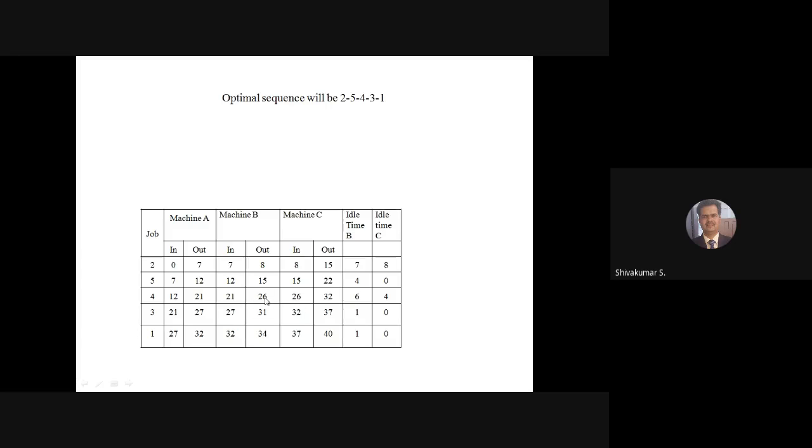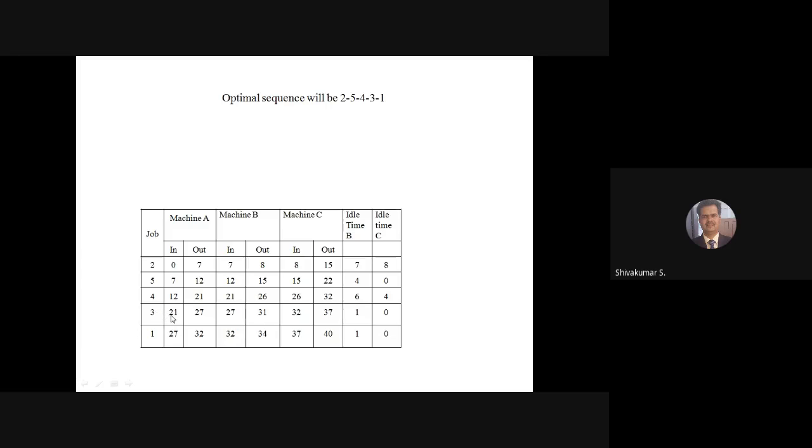Remember here, machine B is free at 26, but machine C is free at 22, and you have to wait till job 4 comes here. So 26 minus 22, 4 is the idle time for C, plus its processing time 6, to become 32.